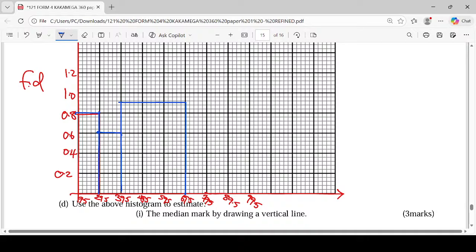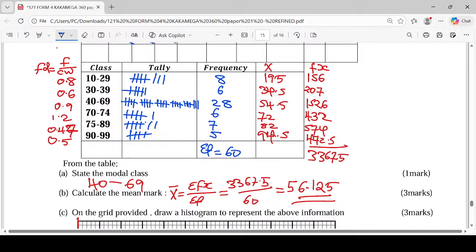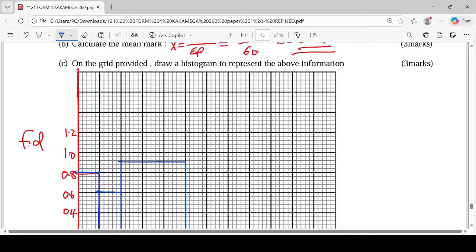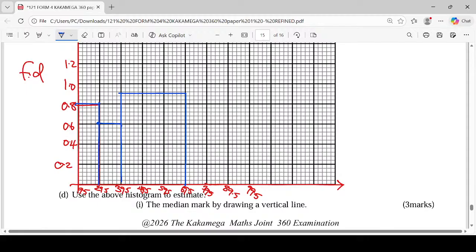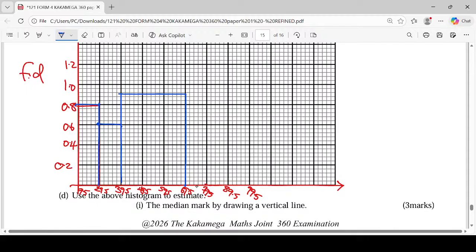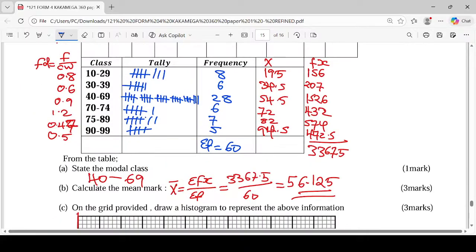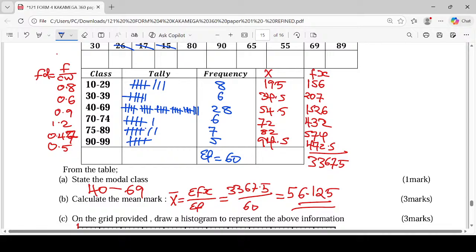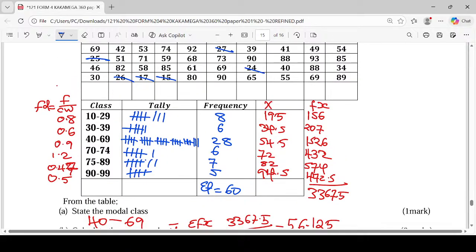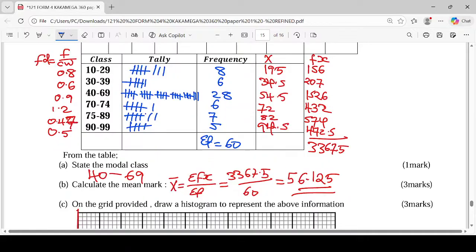The frequency density there is 1.2. Then after that, we have 75 to 89.5.